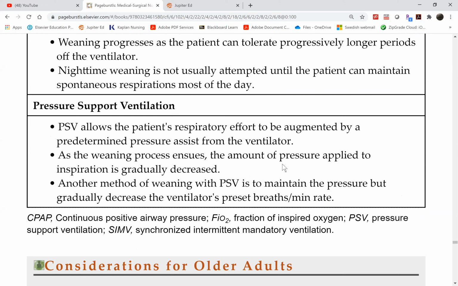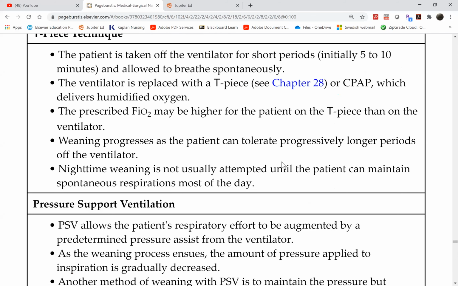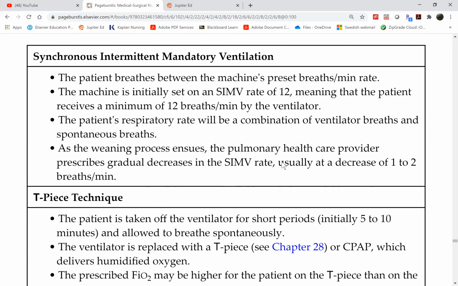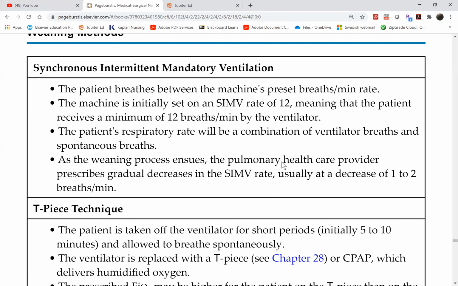So when used alone, this is only used for weaning, meaning the patient has to be breathing spontaneously at a tidal volume that is consistent with human life or human survival and at a normal rate, meaning the patient has to be breathing on their own in order to be put on exclusively pressure support ventilation.